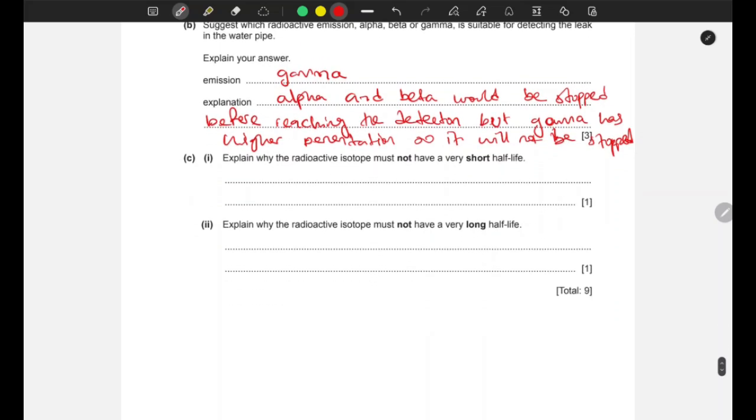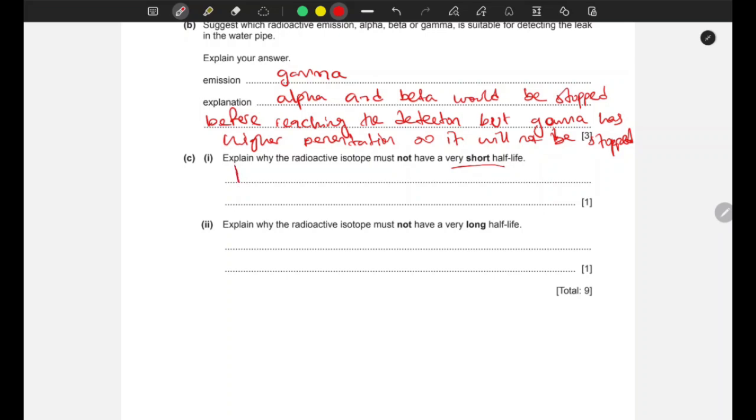Part C. Explain why the radioactive isotope must not have a very short half-life. So if it has a very short half-life, that means it won't allow enough time to be detected.